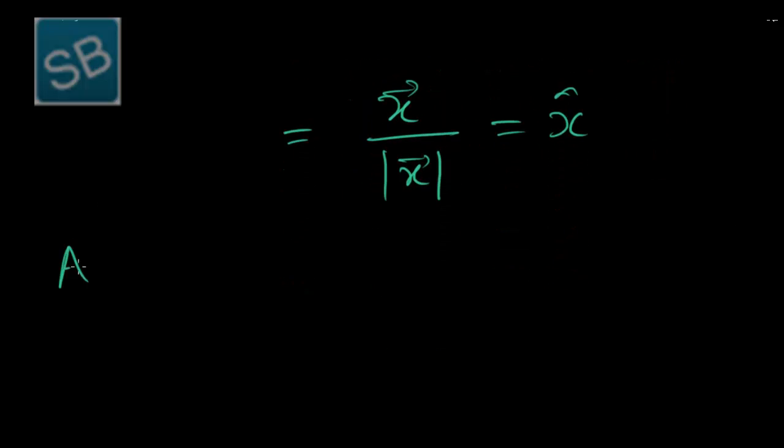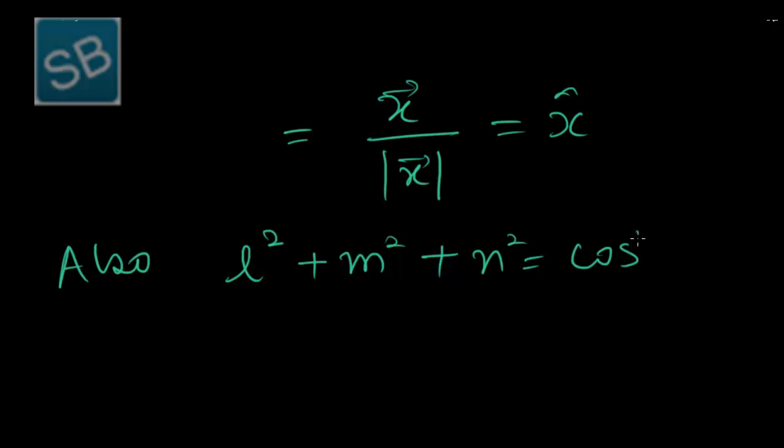Also, if we take the square and then add these direction cosines, we get cos square alpha plus cos square beta plus cos square gamma.